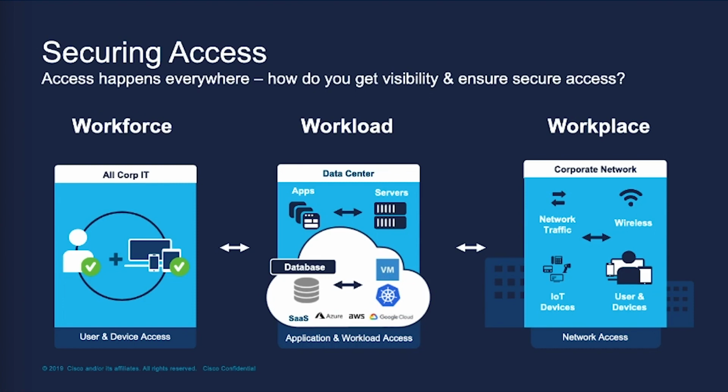This access can really happen anywhere in your environment. The connections are what we need to secure by gaining visibility and control and verifying the trust between these connections. The trust is really key here.